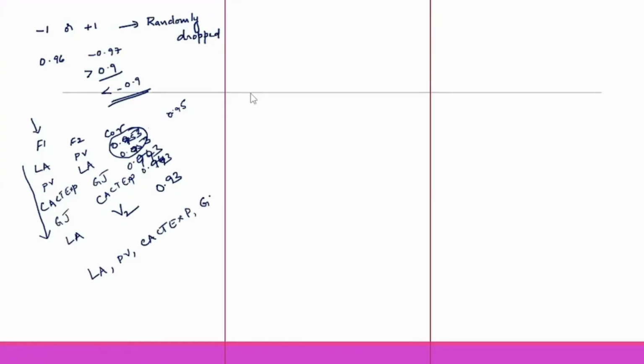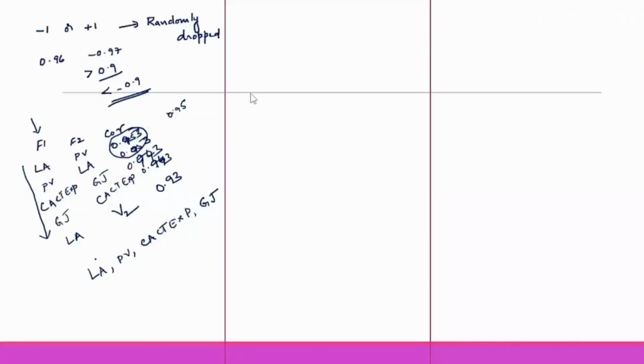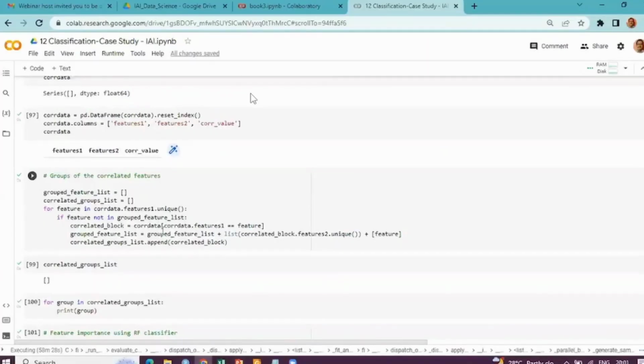These are the unique values. If the feature is not in the grouped features list, we are creating groups. Let's say initially we started off with LA. When we start, there is nothing in the grouped features list.